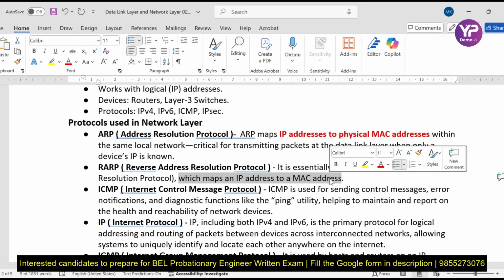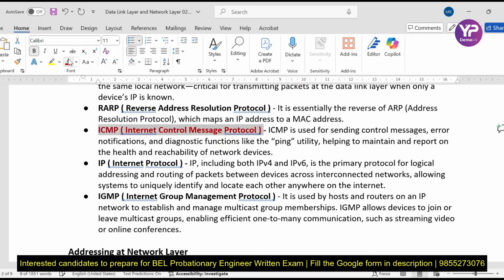Then ICMP, Internet Control Message Protocol. Last lecture we also discussed ICMP. It mainly handles error messages and debugging. ICMP is used for sending control messages, error notifications, and diagnostic functions like the ping utility, helping to maintain and report on the health and reachability of network devices.